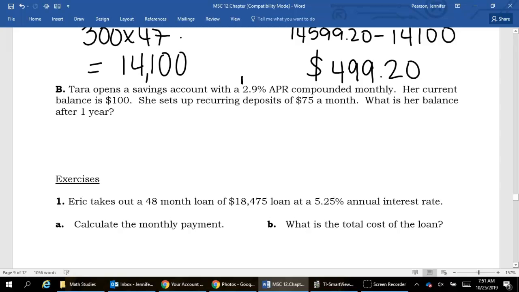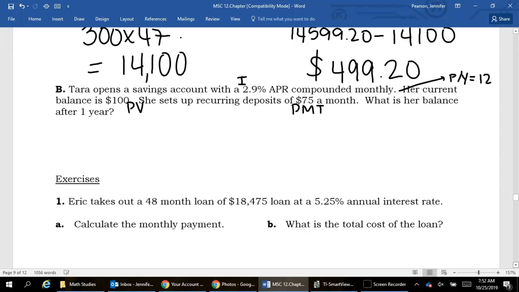So 2.9%, that's going to go into my I percent. Compounded monthly means my PY and my CY, my periods per year, are 12. Her current balance is 100, so that's the starting amount, that's the principal value. She sets up recurring deposits of $75 a month, that's my payment.